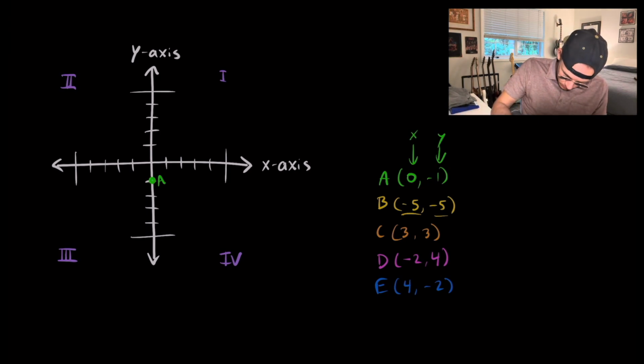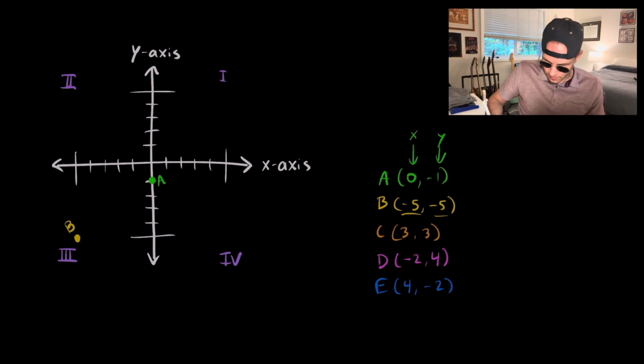So that's going to be all the way down here at the corner at -5, -5. For C, 3, 3, super easy. Start at the origin. Since 3 is our x-coordinate, we're going to move to the right 3. So we'll start from there now. And then our y-coordinate is also 3. Since it's positive, we're going to move up. So 3, 3 is going to be right about there.